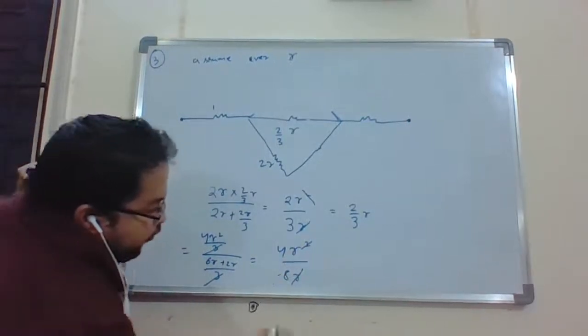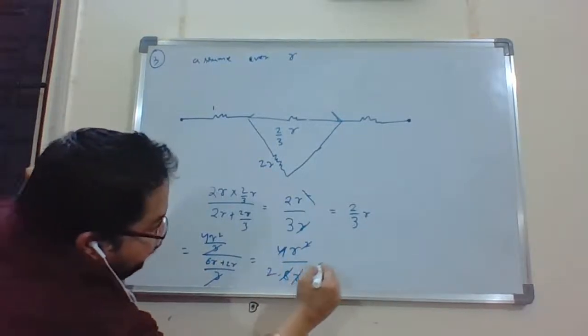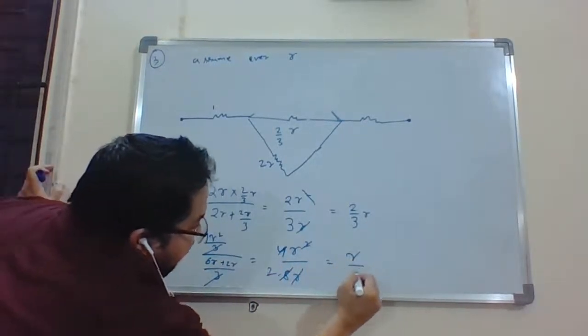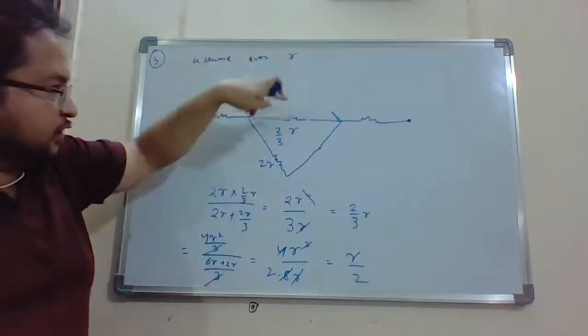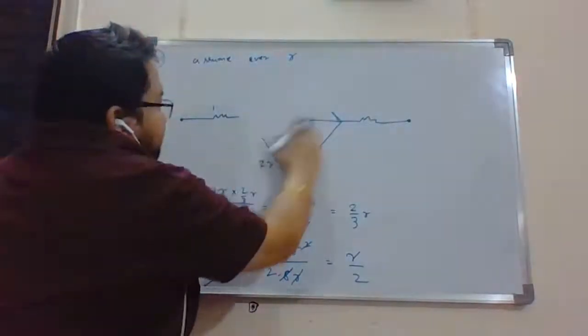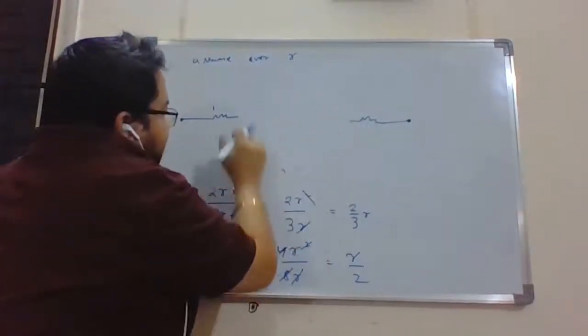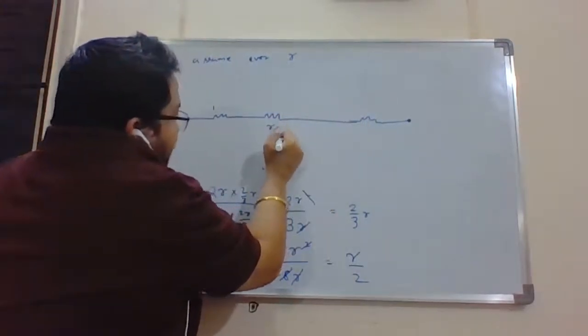R gets cancelled out, and this will be 2. So that is nothing but R by 2. So rather than all these three parallel things, I can now replace this entire thing with a resistor whose value is R by 2.